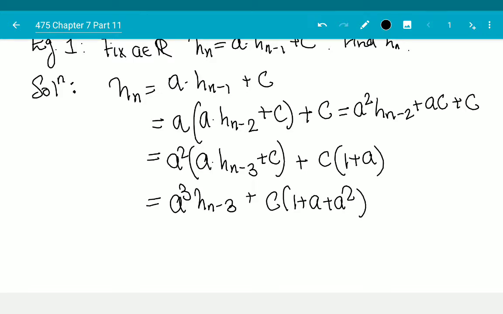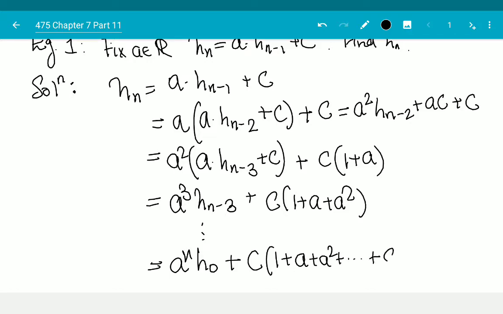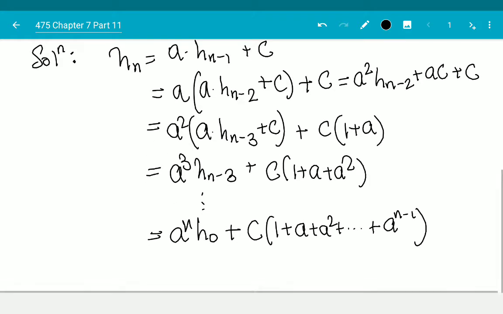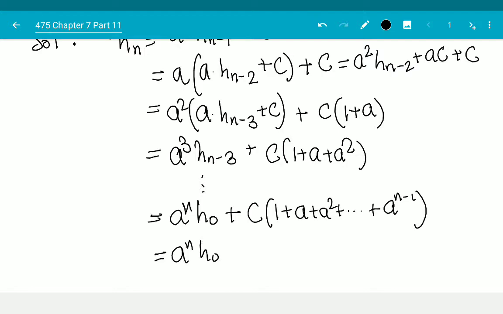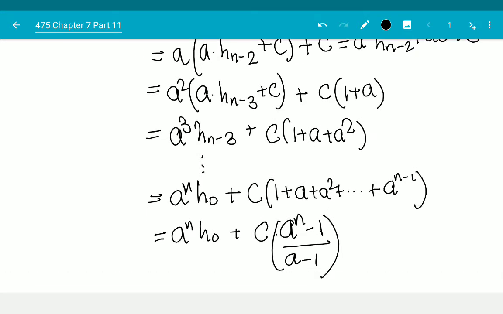And if you see the pattern, this is going to continue as a to the n times h of n minus n, which is h(0). So h(n) is equal to a to the n h(0) plus c times (1 plus a plus a squared plus dot dot dot all the way up to a to the n minus 1), which is equal to a to the n h(0) plus c times (a to the n minus 1) over (a minus 1), as long as a is not equal to 1.